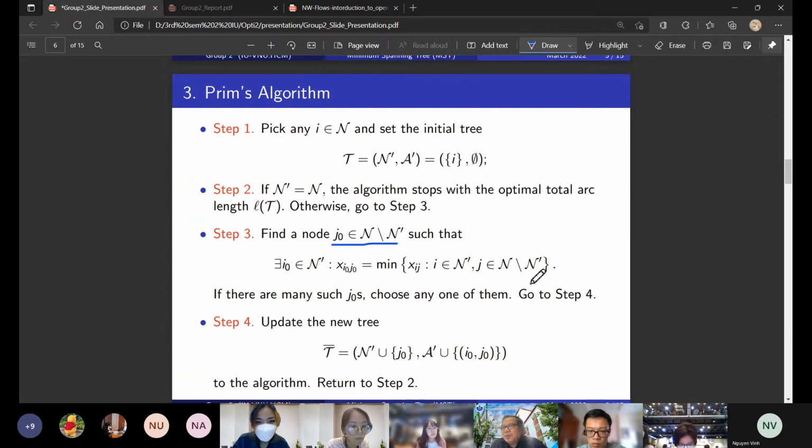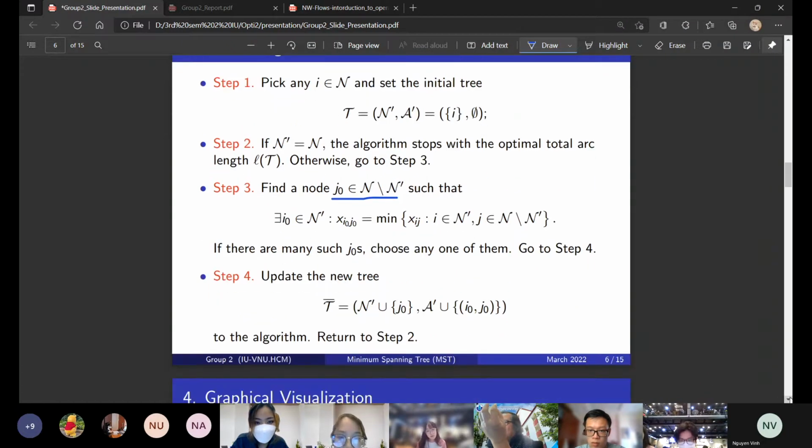That node has one condition. In this case, N prime is only node O. So the minimum here is just the minimum from O to some other node. Is that okay? Can I have her answer your question?